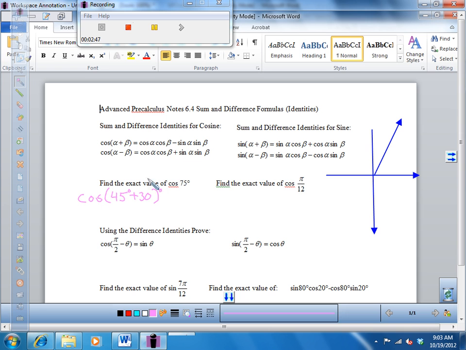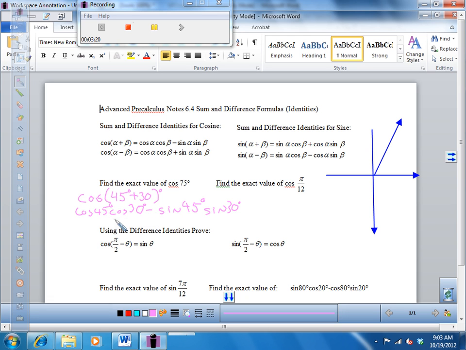So the cosine of 45 plus 30 can be written as cosine 45 cosine 30 minus sine 45 sine 30. You just plug those numbers into the formula, and then you use your unit circle to find these values.